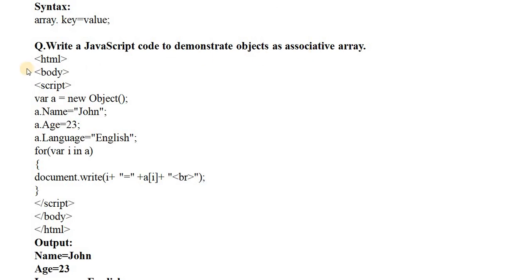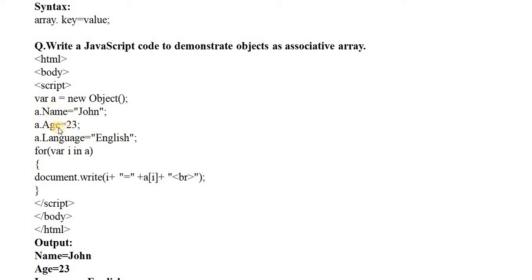In this example, we add HTML body and script tag. After that, we create one object or array where a is equal to new Object. And by using a key value pair or by using the property syntax, we access the values. That is, a.name is equal to John, a.age is equal to 23, and a.language is equal to English.